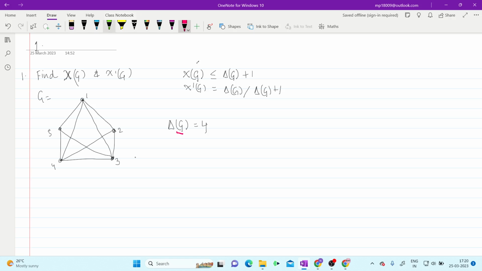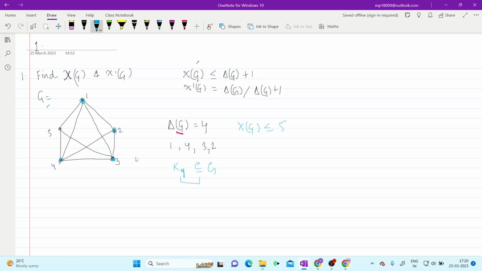First of all, we can observe these vertices 1, 4, 3 and 2. If we observe just these 4 vertices, we see that this is a complete subgraph of G. So K4 sits inside this G. We know that the chromatic number of this graph is less than or equal to 5.